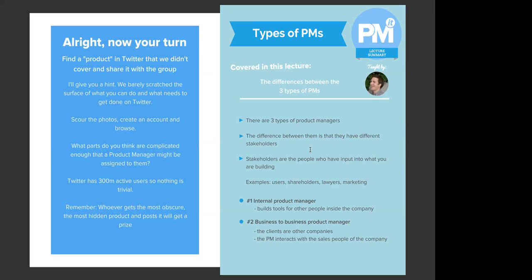So Facebook is business to customer, but B2B will be say working for a company like HP, business to business, where they sell products to other businesses, right? So your clients are usually companies, and as a PM in such a role, you have to interact with salespeople of that particular company, right?